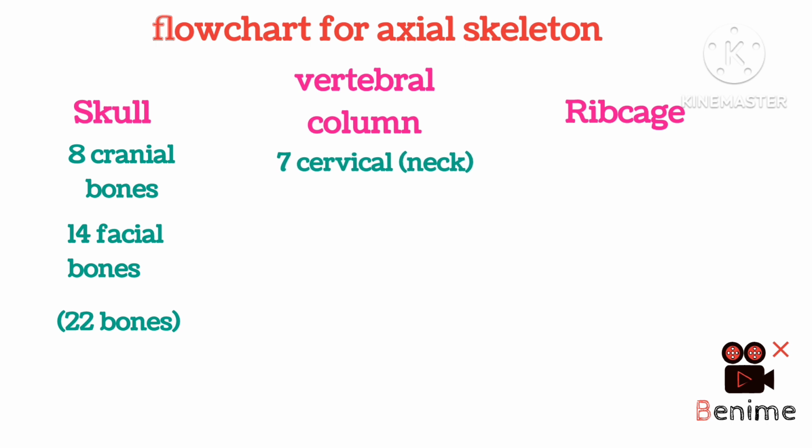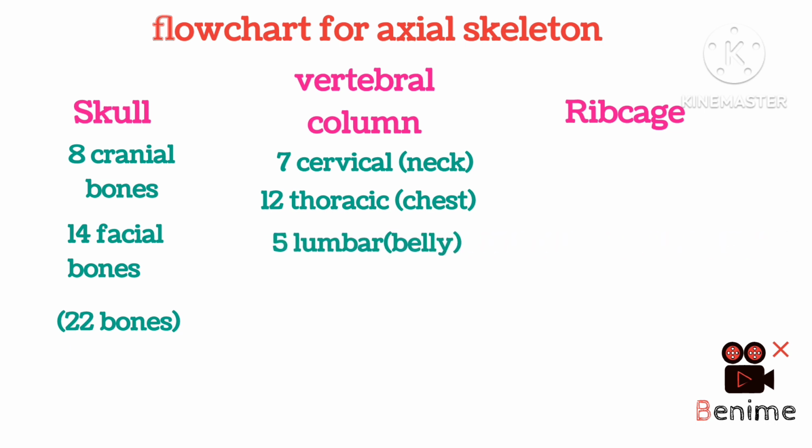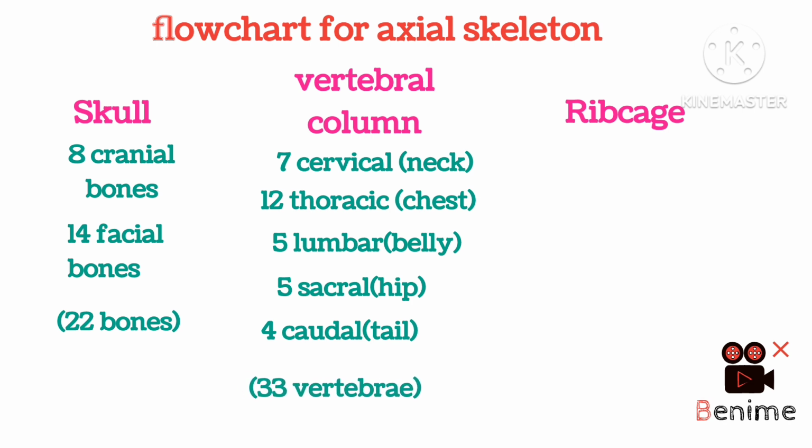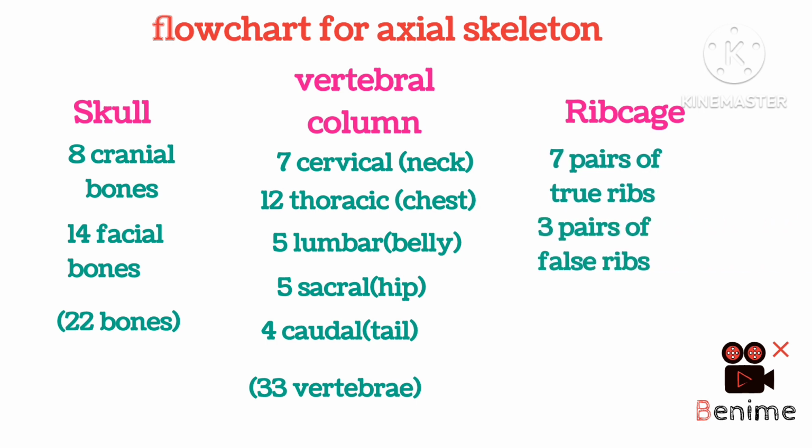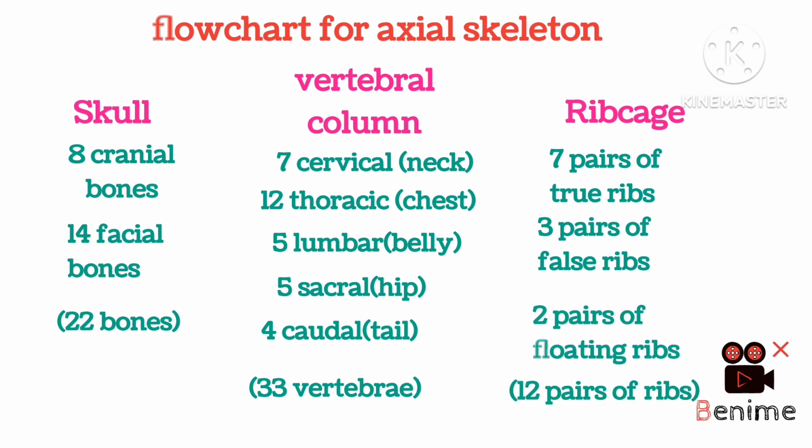Vertebral column has 7 cervical bones, 12 thoracic, 5 lumbar, 5 sacral and 5 caudal. Total 33 vertebrae. The rib cage has 7 pairs of true ribs, 3 pairs of false ribs and 2 pairs of floating ribs. Total 12 pairs of ribs.